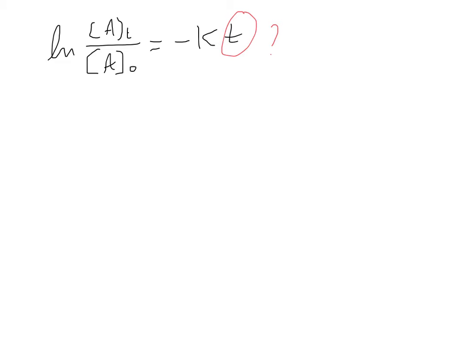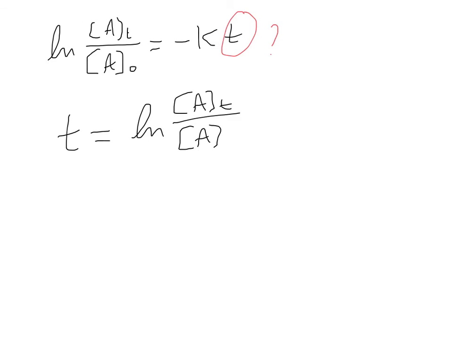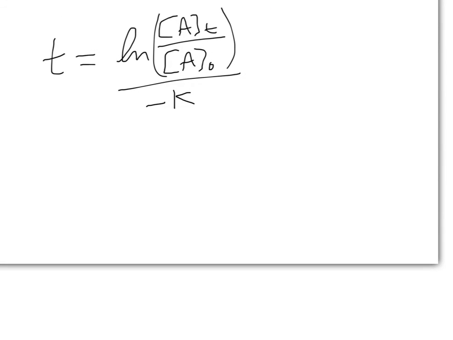So that means we can go ahead and divide both sides by minus k, and that will give us t. So t is the natural log of the final reactant concentration over the initial, all divided by minus the rate constant. And a lot of this we were given in the problem, and so we can just go back and look up those numbers.